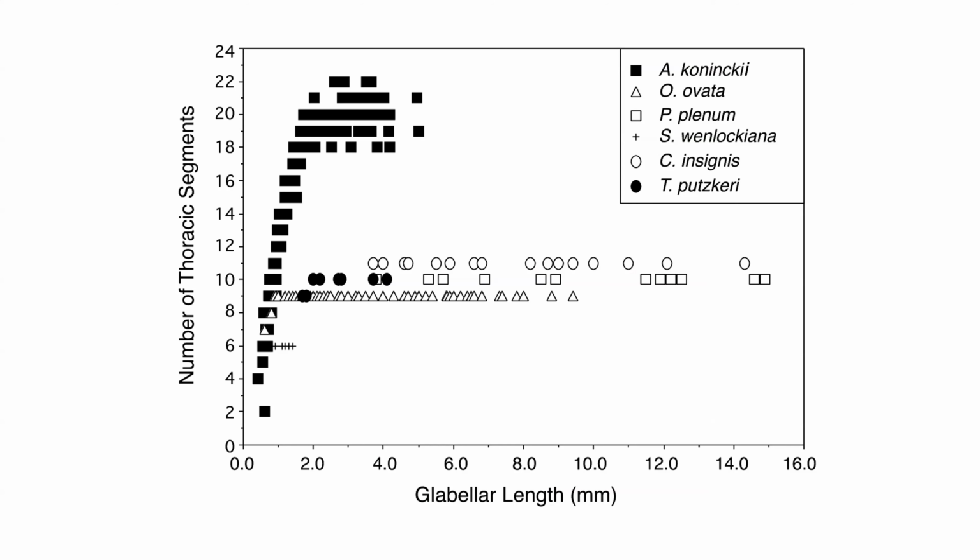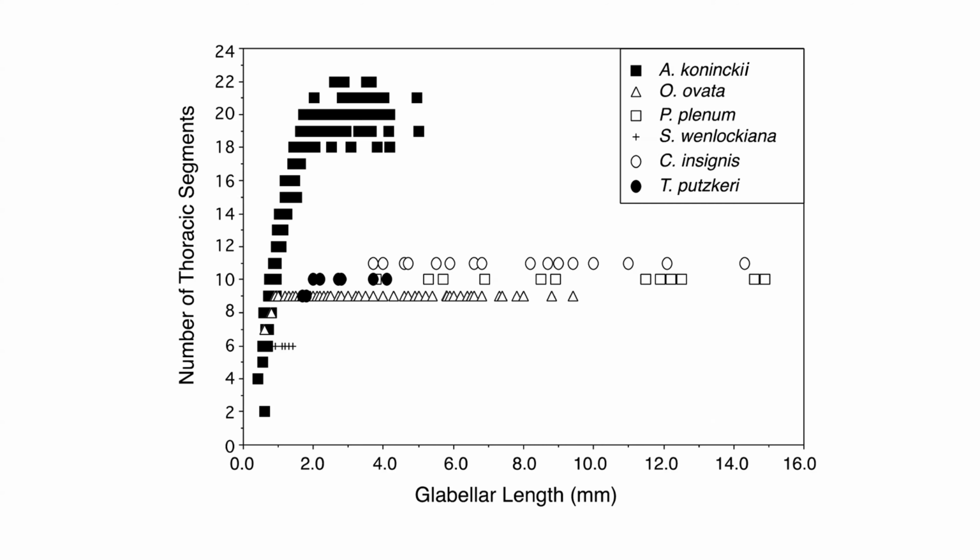But then they get to a phase at which they continue to grow and molt, but they don't add new segments. Here's a measure of the head as a standard for length. The head isn't changing numbers of segments, so it's a good standard. And here's the number of segments.